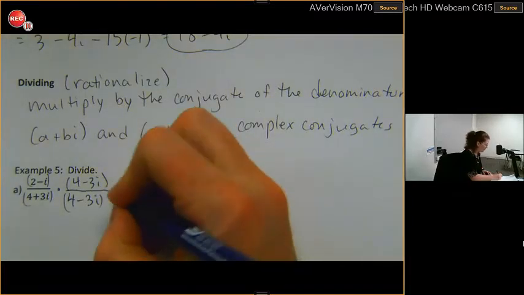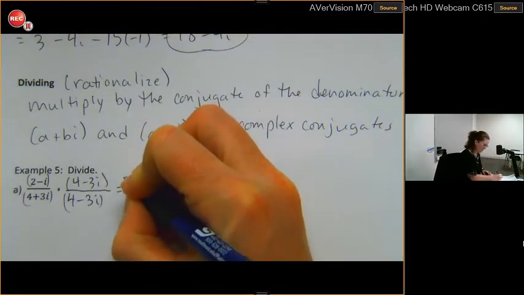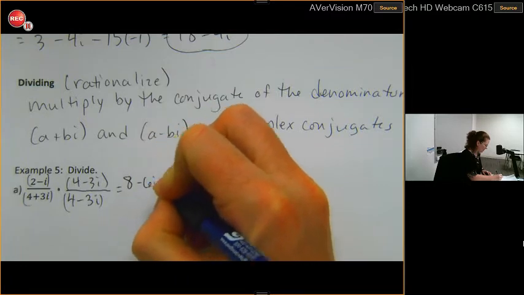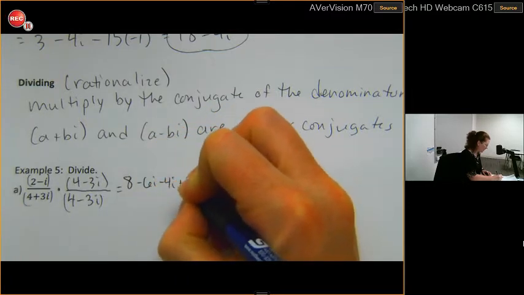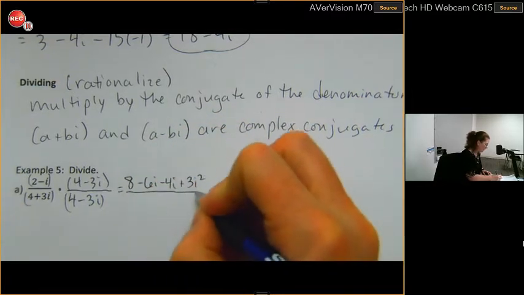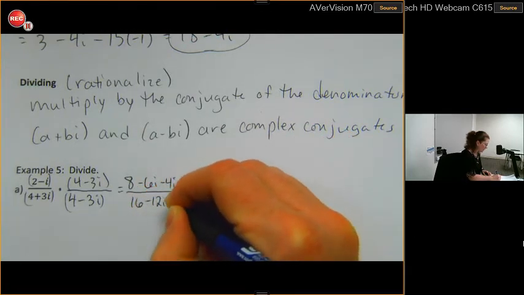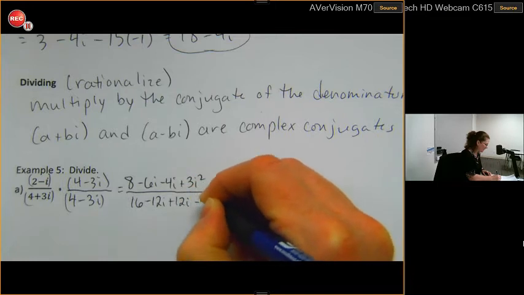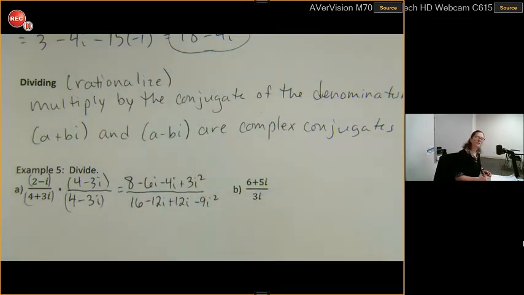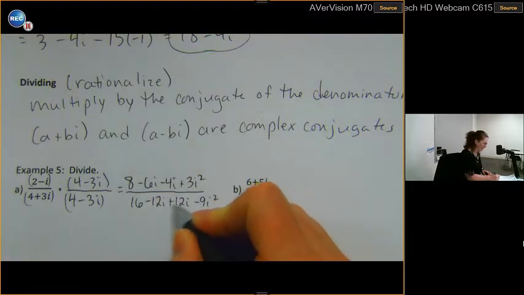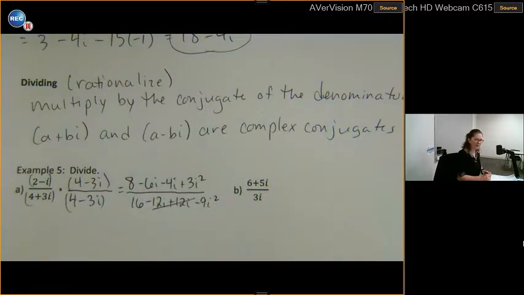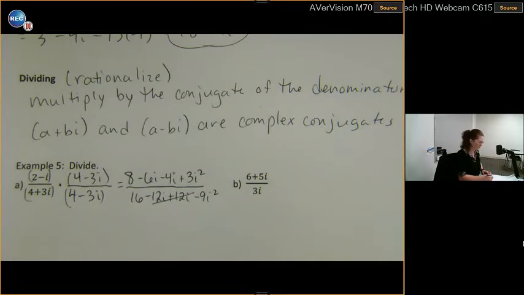As we FOIL the numerator, we get 8 minus 6i minus 4i plus 3i squared. And the denominator, 16 minus 12i plus 12i minus 9i squared. And so what you'll always find is the denominator, that outside-inside part of foiling, cancels out. That's how conjugates are set up to work.